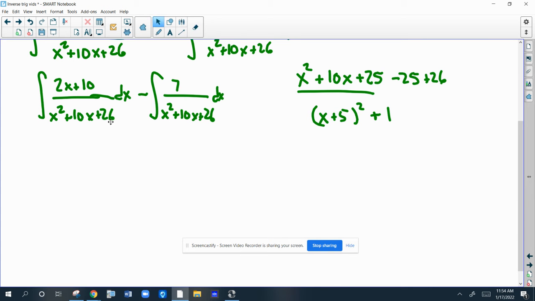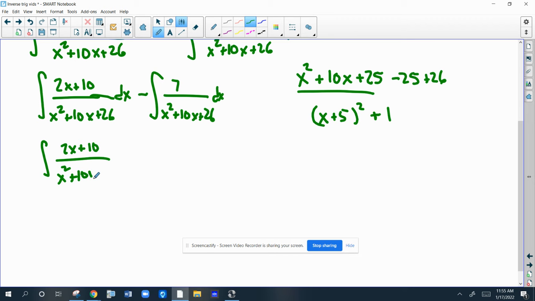So we have 2x plus 10 over x squared plus 10x plus 26. I could have integrated that right now, but I'm going to wait till I integrate this one.